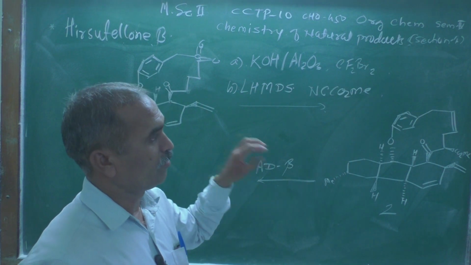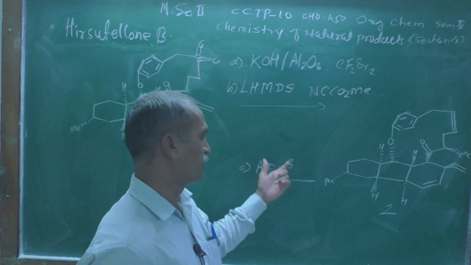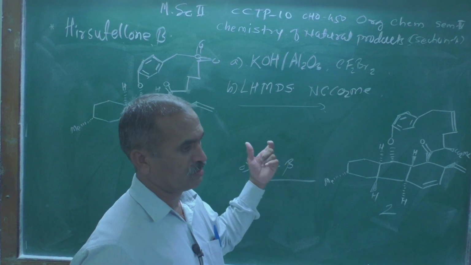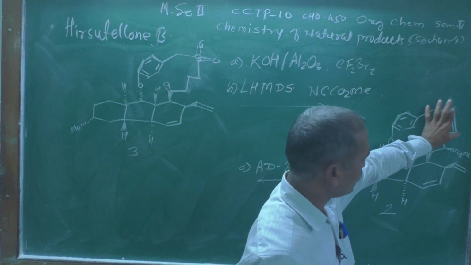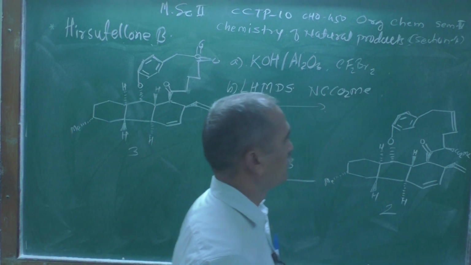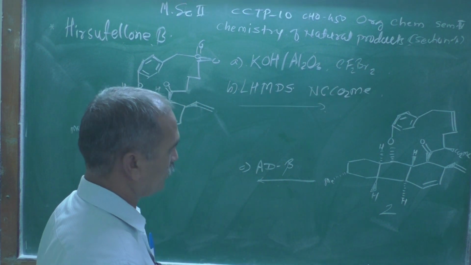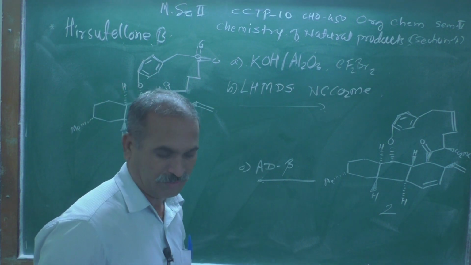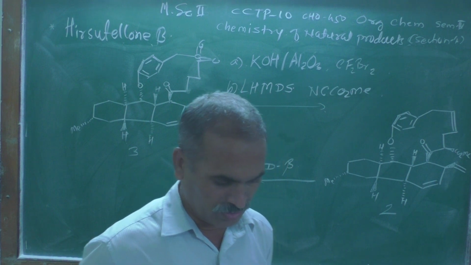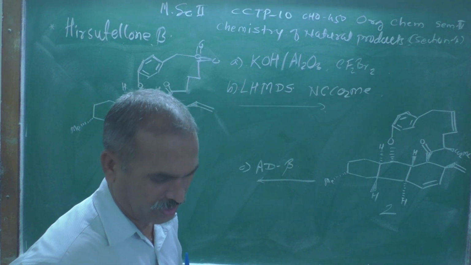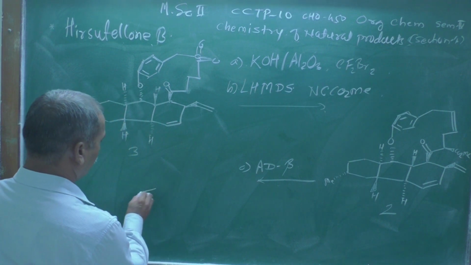So for maintaining chemoselectivity, this reagent is chemoselective, therefore it can selectively convert this into a cis diol. Even though there is another carbon-carbon double bond, only this one we are getting selectively as a cis diol. Let's see over here. And that is the structure number 16 which we are going to get here.